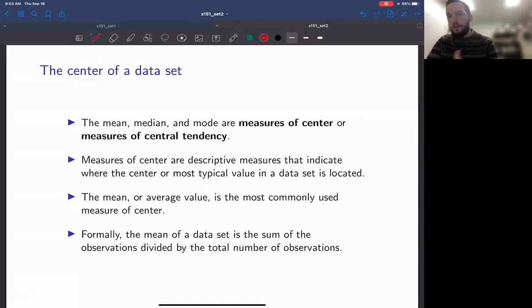The most common measure of center is the mean. And again, this is a misleading concept because the mean is actually only at the center if the data is symmetric. Otherwise, it's not located at the midpoint of the data. Nonetheless, the mean, which is a value that we will utilize throughout the course, is simply the sum of all of the values in the data set divided by the number of observations. So computing the mean is actually quite straightforward.